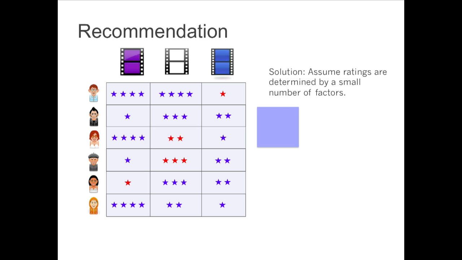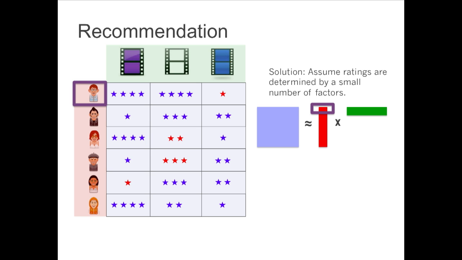Pictorially, I have this ratings matrix, and instead of saying that all the entries are just independent, I assume that the structure of this matrix can roughly be defined as the product of user factors, where each row of the user factor matrix corresponds to a particular user. This first row corresponds to Bob's latent factors, times movie factors. And this short fat matrix is basically each column of it corresponding to a particular movie's factors.